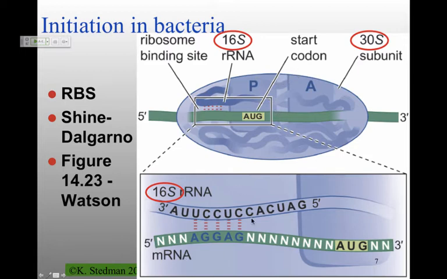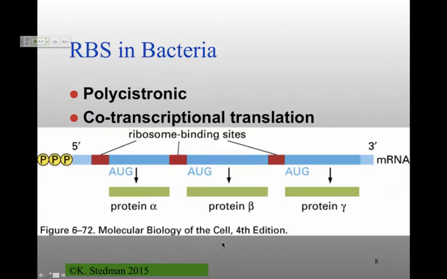Another comment that we had was about polycistronic messenger RNAs. So you've got multiple different proteins being encoded in one particular RNA, and these have multiple ribosome binding sites. People call them Shine-Dalgarno sequences, just a different way of saying the same thing. Many times people will call these RBSs, ribosome binding sites. But each of those is going to be, again, about 10 nucleotides 5' of an AUG.